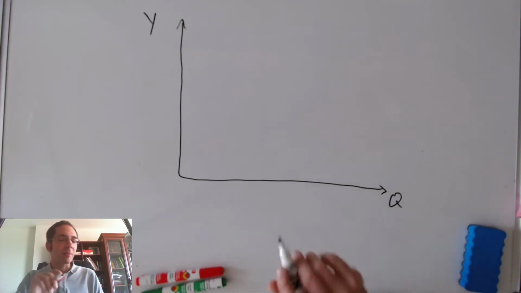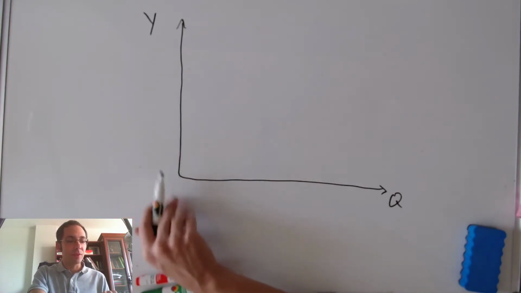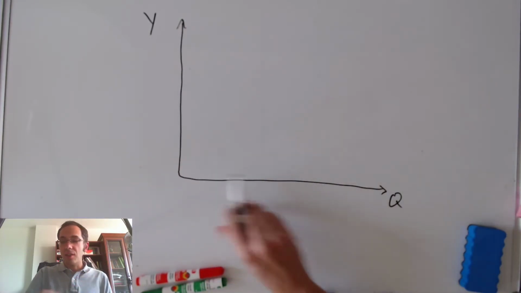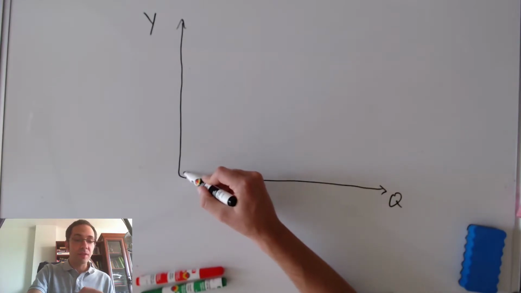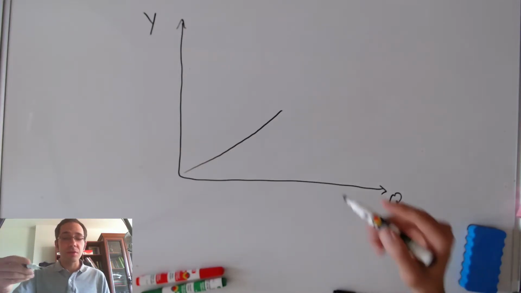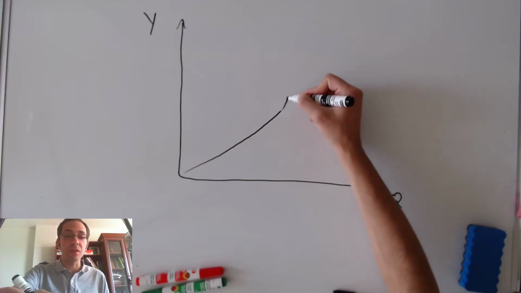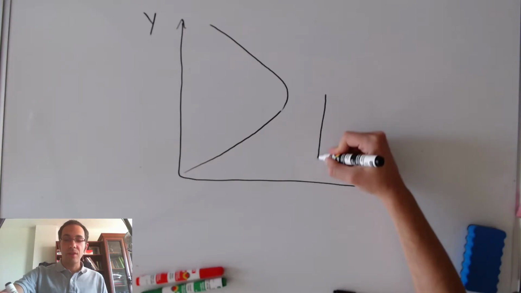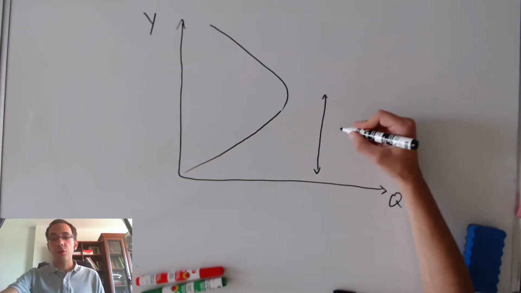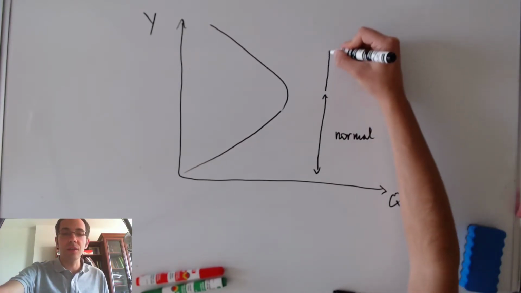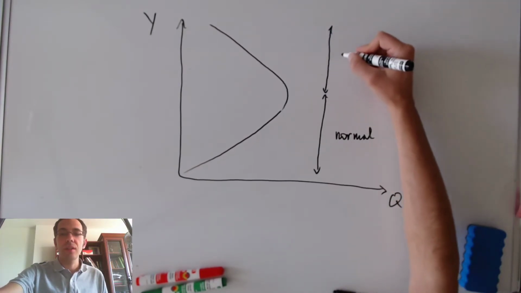And what it shows is that at low levels of income, so over here, as income is beginning to increase, the quantity demanded for this good will increase. So we are going to see this positive relationship. But at some moment, as income continues to rise, this good will turn into an inferior good. So this section of the diagram shows the good is normal. And in this section of the diagram, the good is inferior.